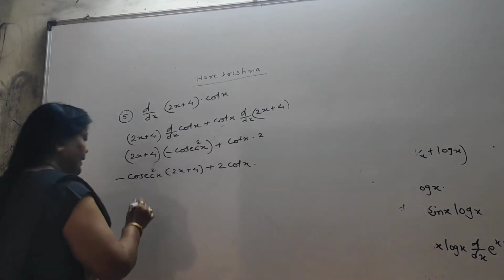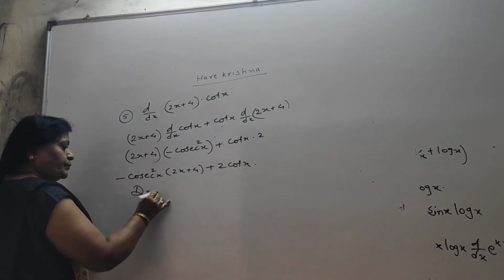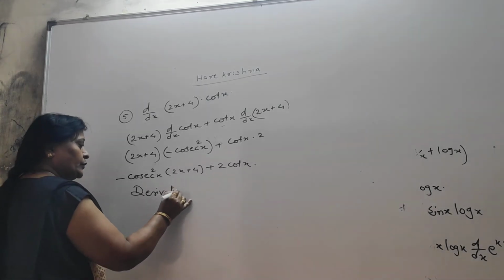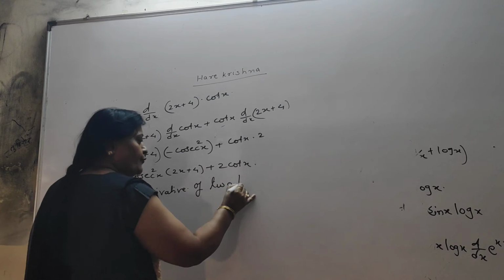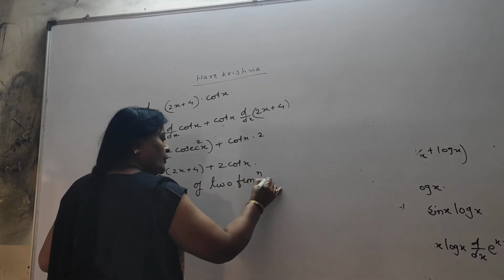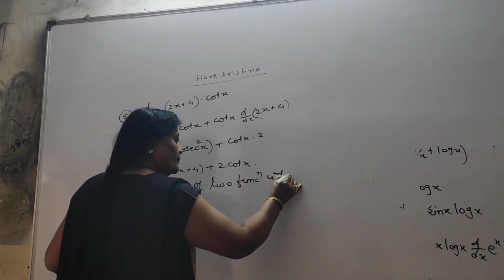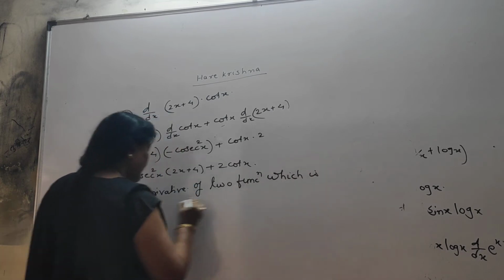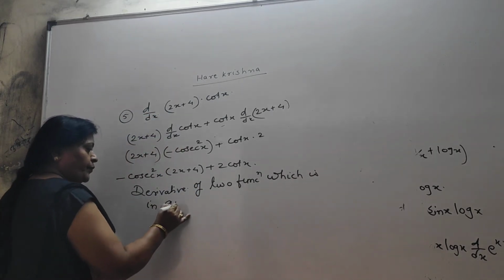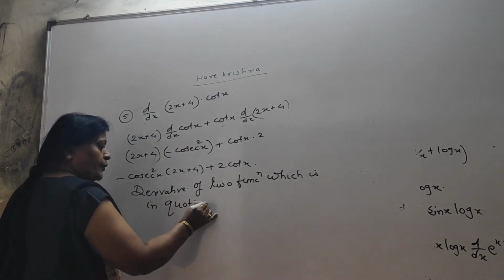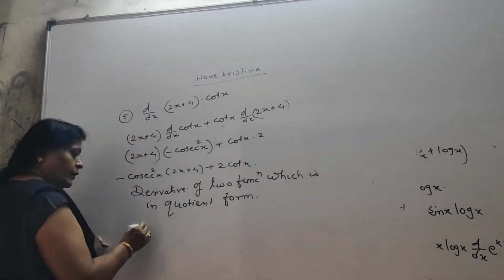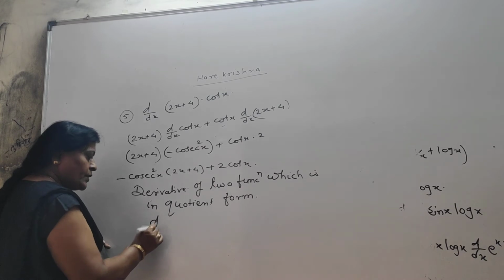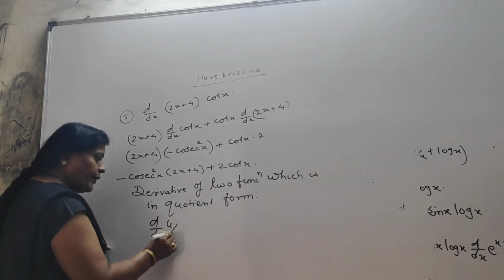Now I will take the derivative of the two function which is in quotient form. Now again, if the function is in a quotient form, see the rule, d/dx of u by v.